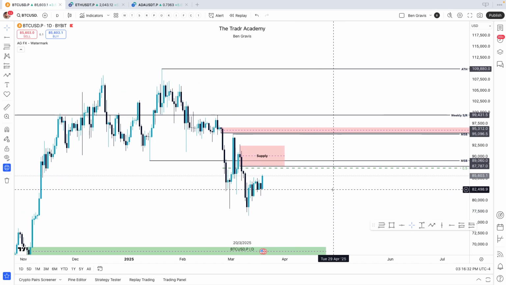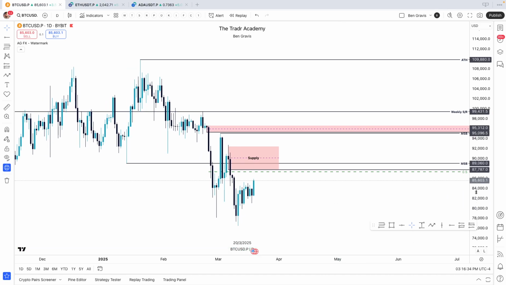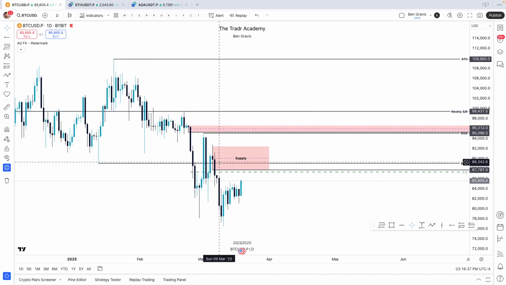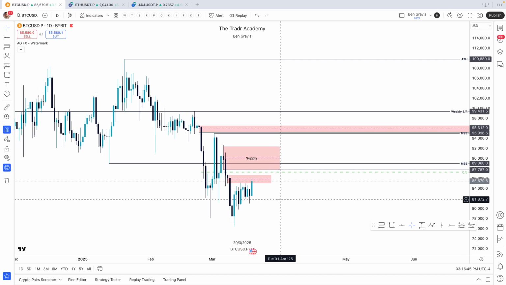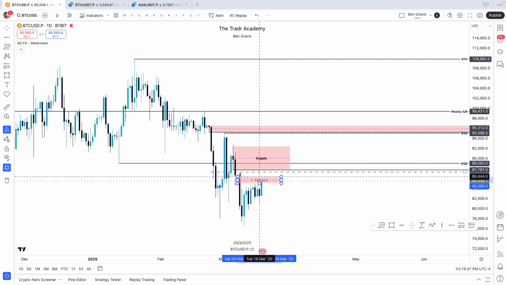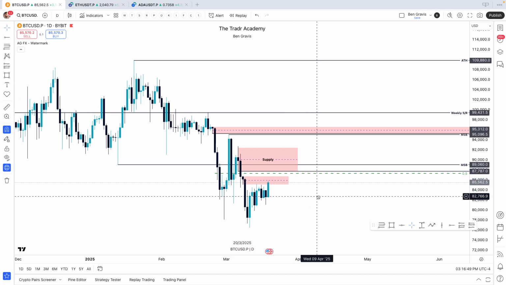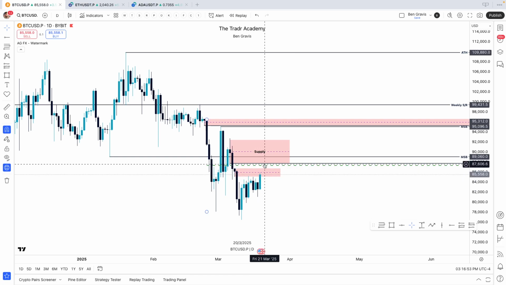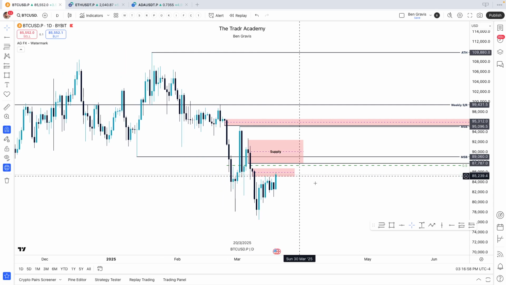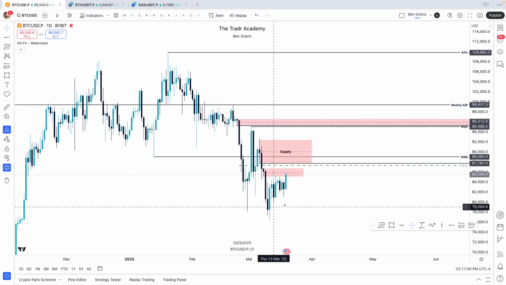Currently, we have 2 supply zones here, and we have 1 over here as well, which we are basically very close at. So now you have to think what is potentially going to happen. If it's an efficient market, we should push through to this level, because I don't really see this as a massive move to the downside.